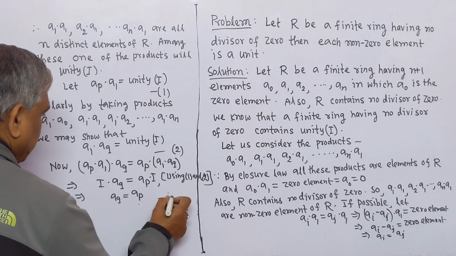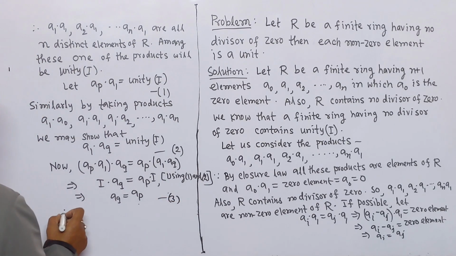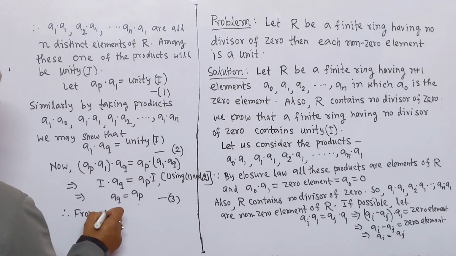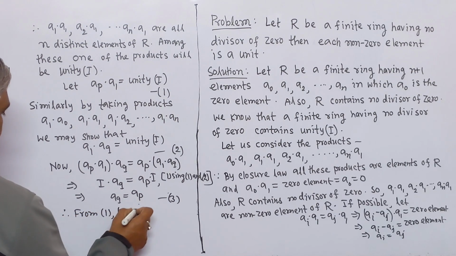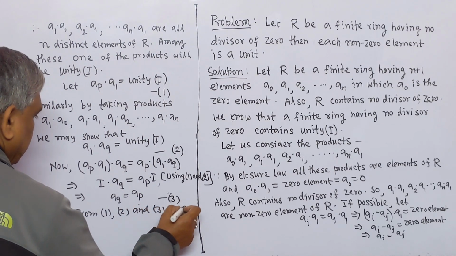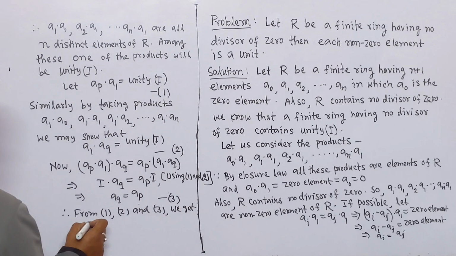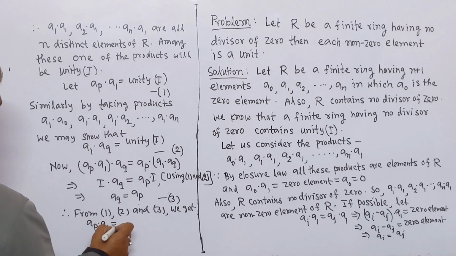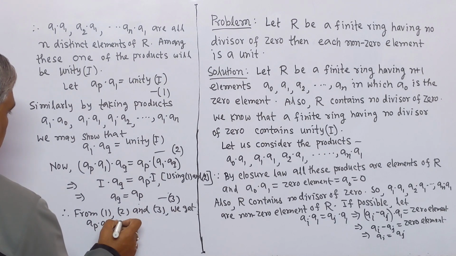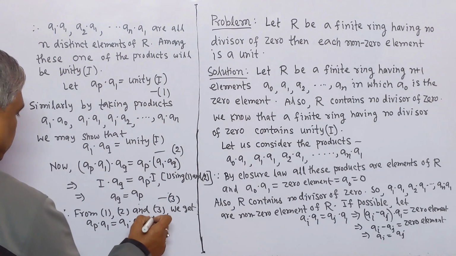Let this be number 3. Therefore, from 1, 2 and 3, we get a1 multiply ap equals unity.